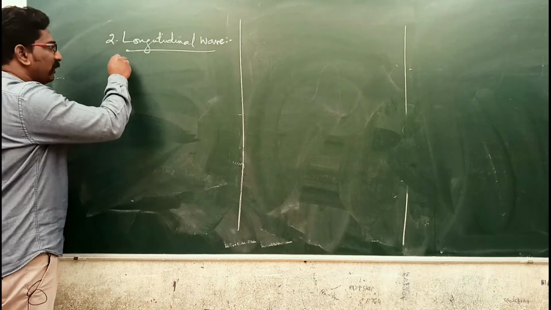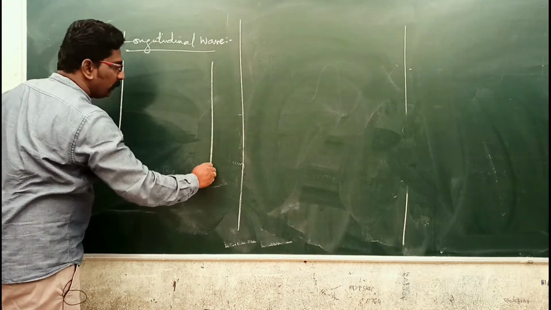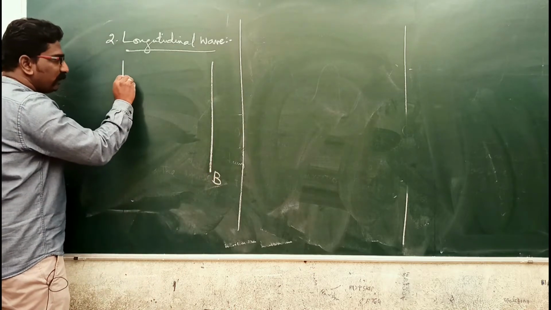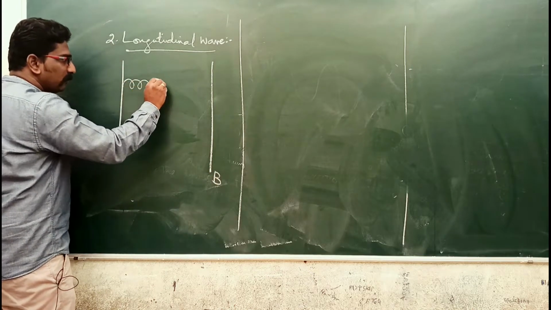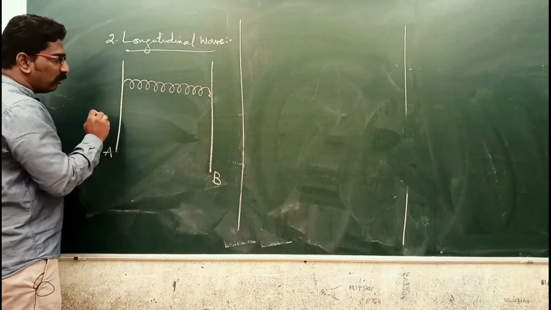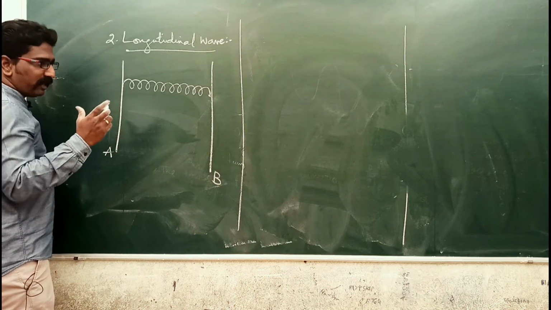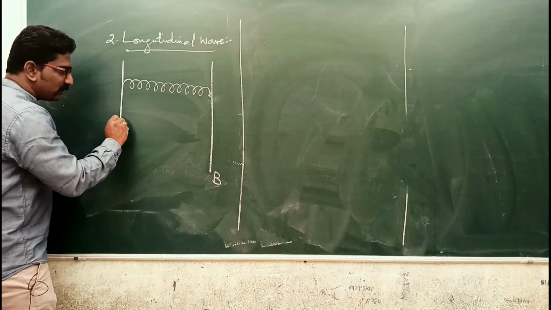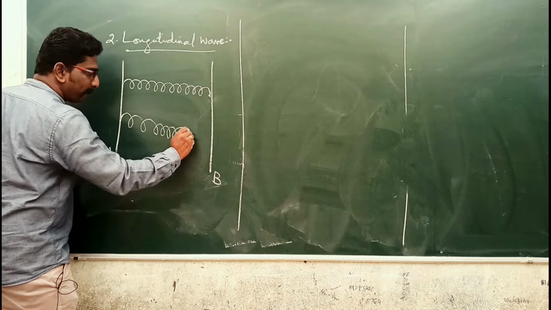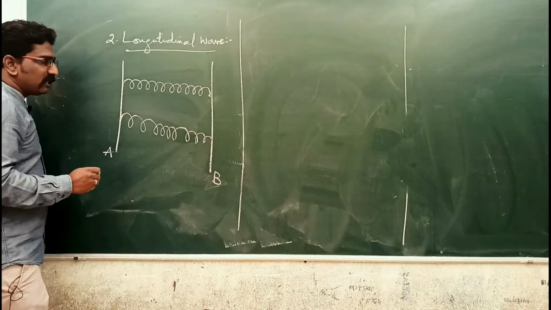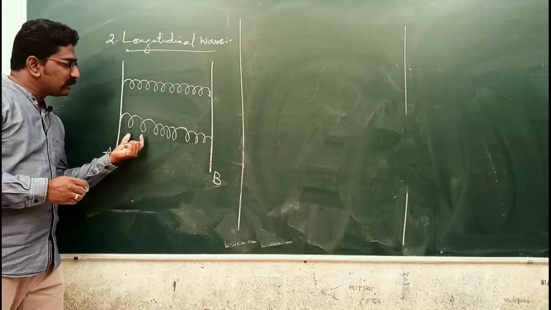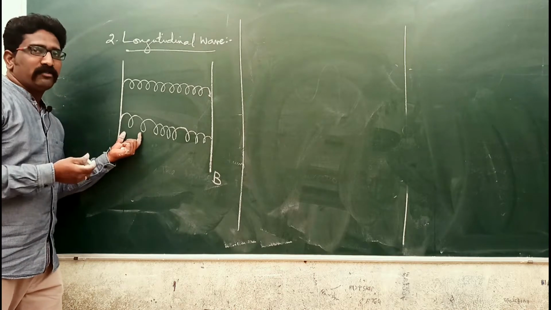For that, I'll consider two ends. These two ends can be your fingers, and initially let me say my spring is like this. Now whenever I press this spring, at some portion the coils of the spring will be close to each other, and at some position the coils will be far from each other.